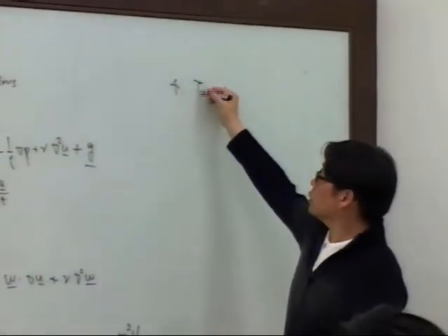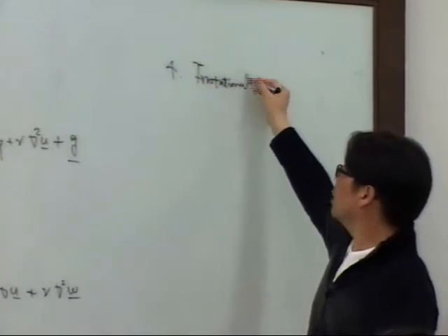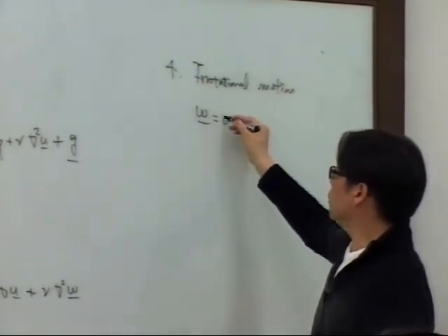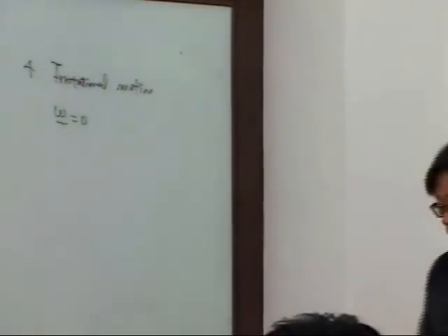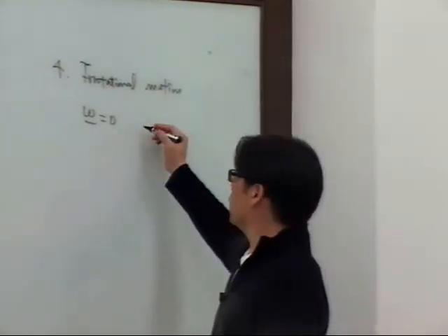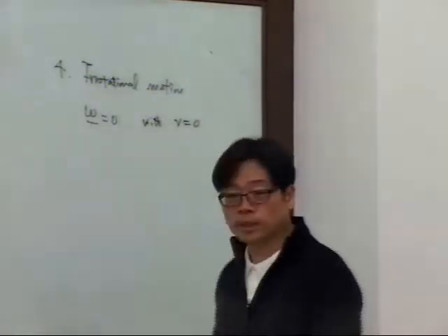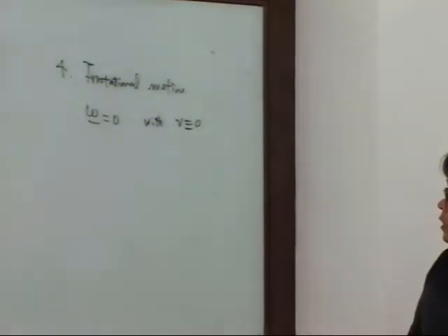And then we talked about irrotational motion by assuming vorticity is 0 all the time, because we start from 0 vorticity with nu equal to 0. Okay, the viscosity is identically 0.